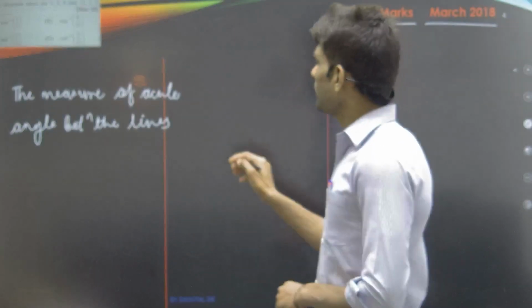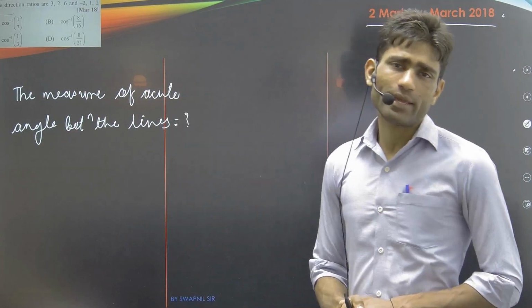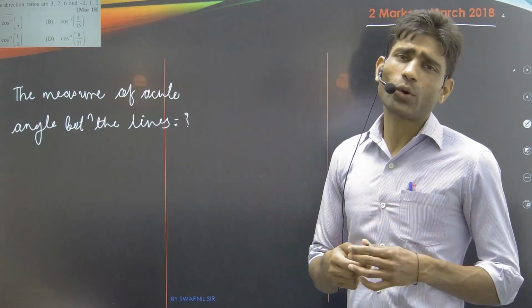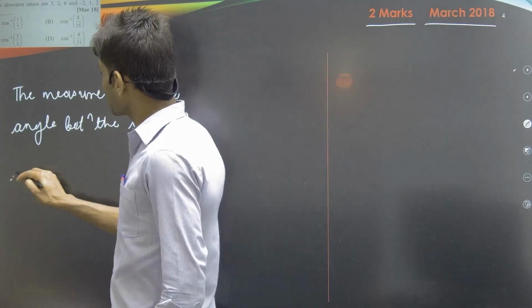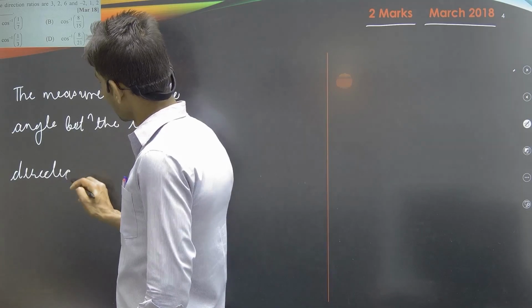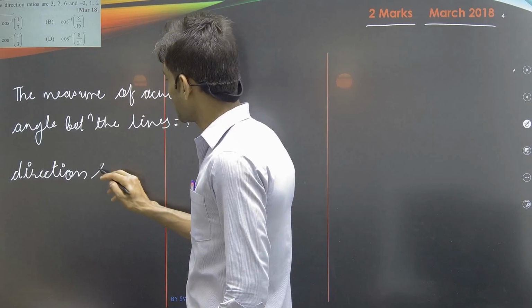This is our required claim in the example, and we are given the direction ratios for the lines.